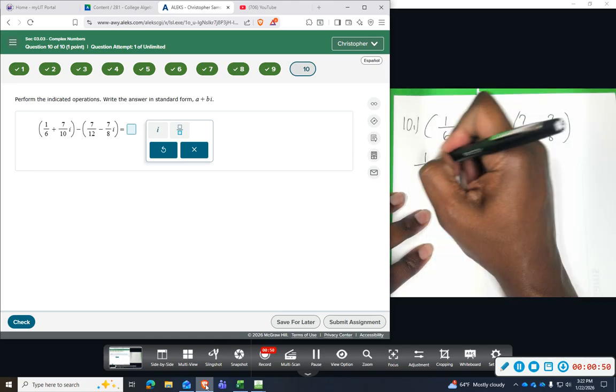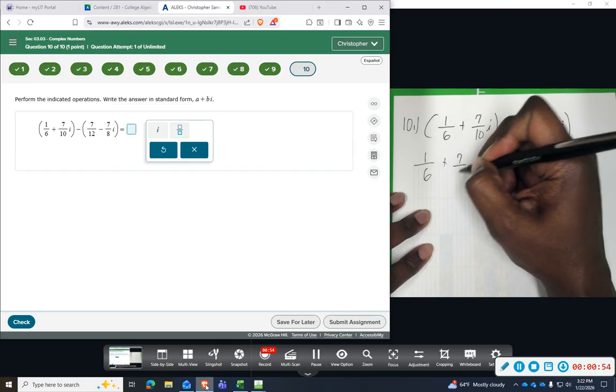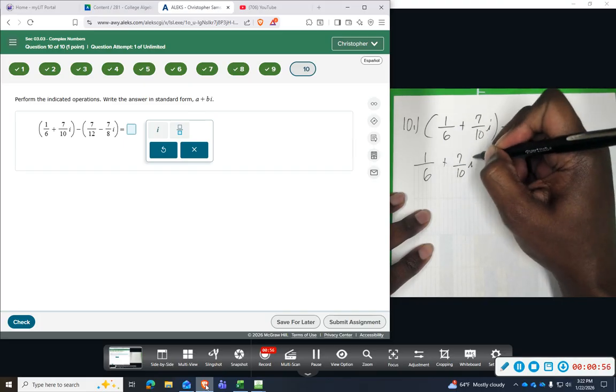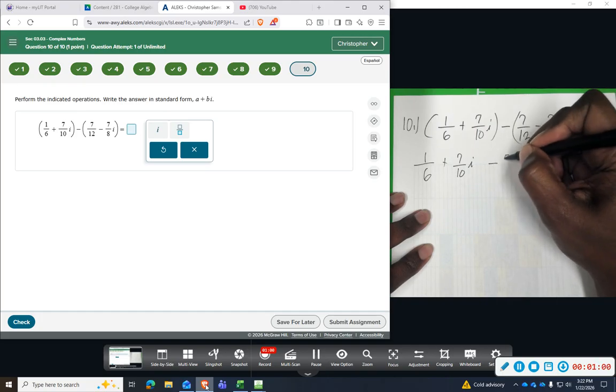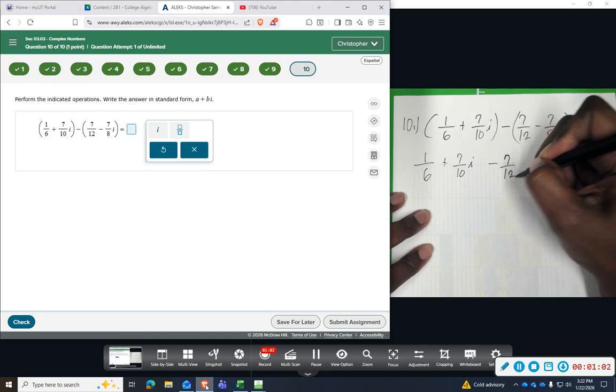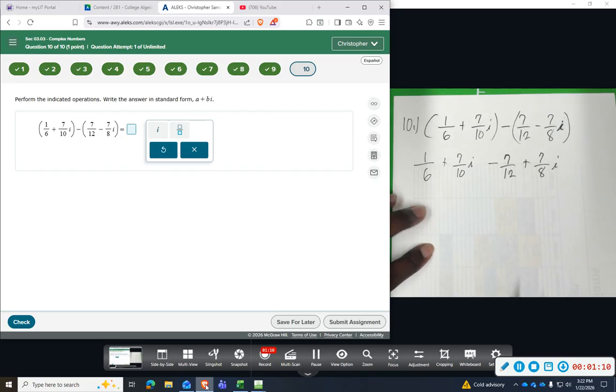We have 1/6 plus 7/10 i, and then minus 7/12, and then distribute a negative to a negative. That's going to be a plus 7/8 i.